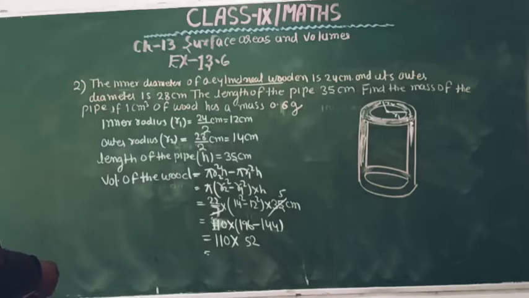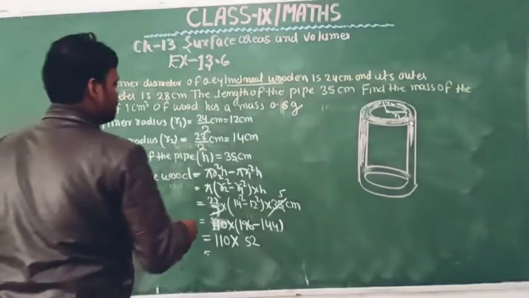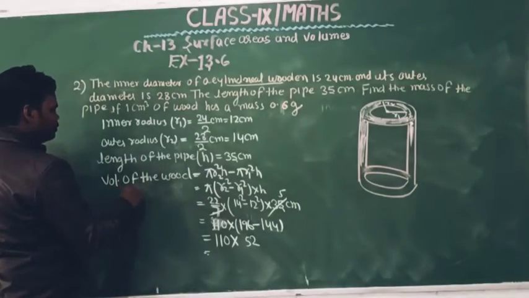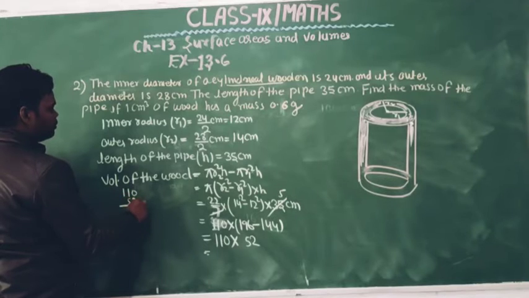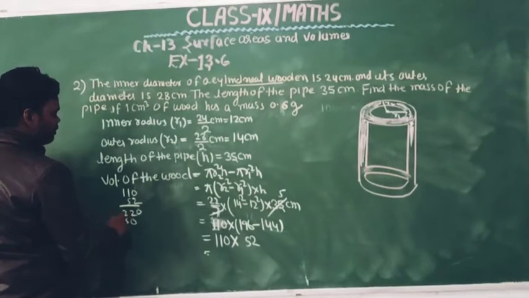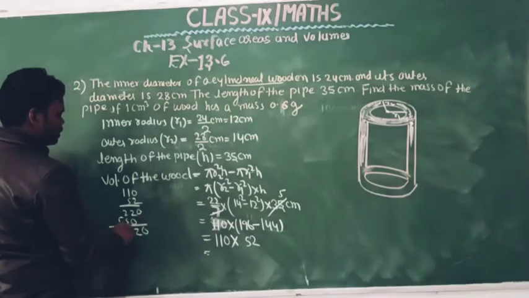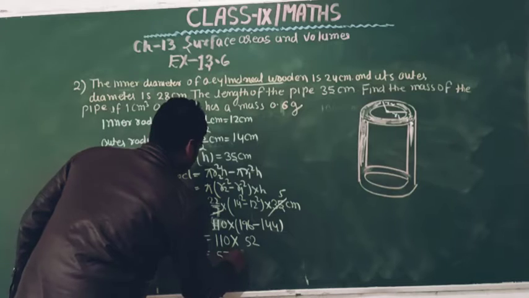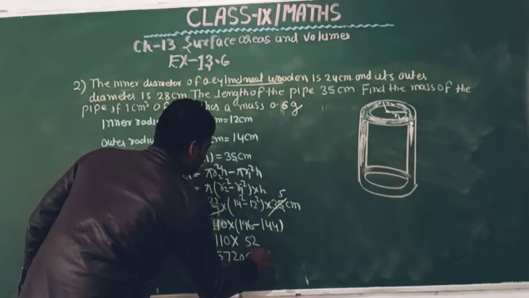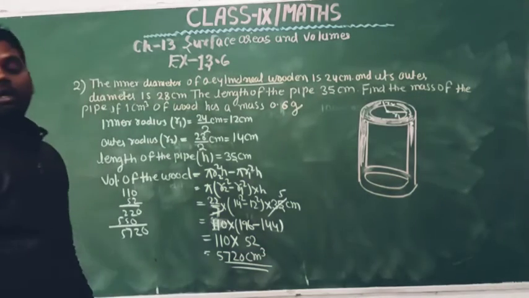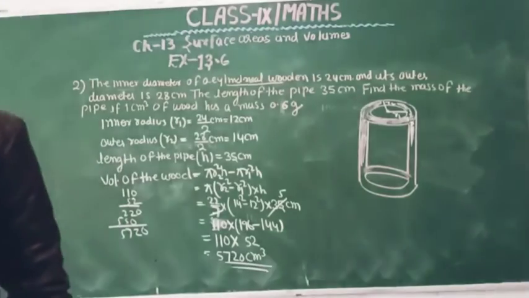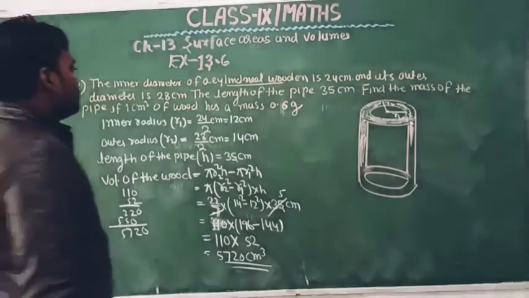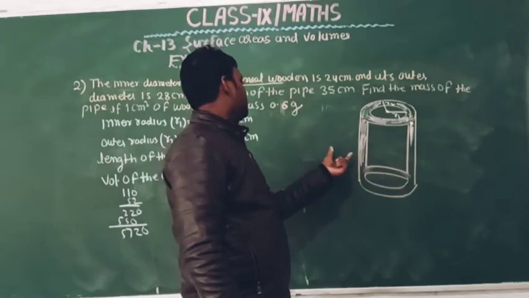So we will get 5720 centimeter cube. This is the required volume of the wood.